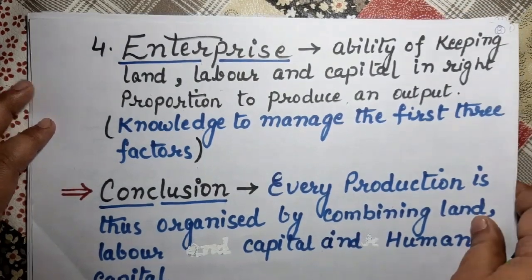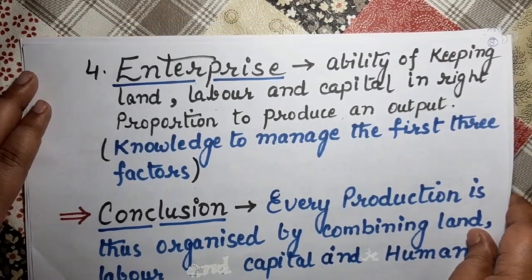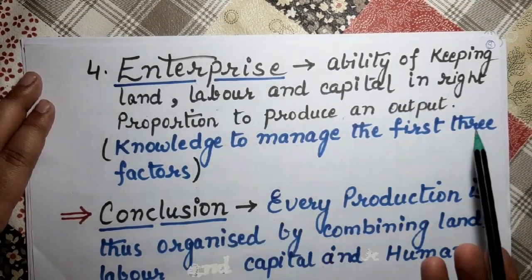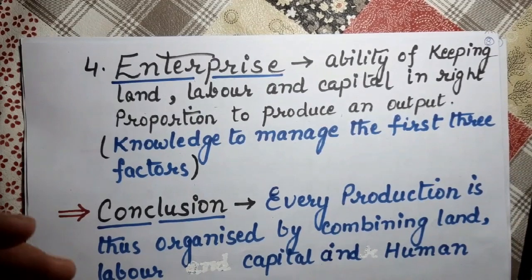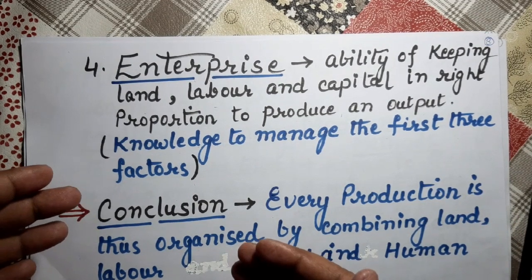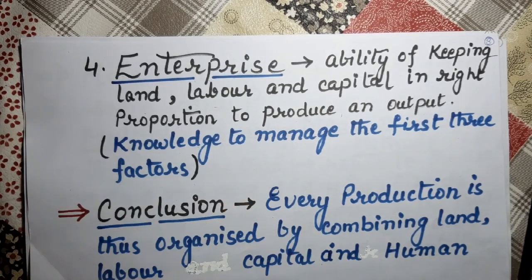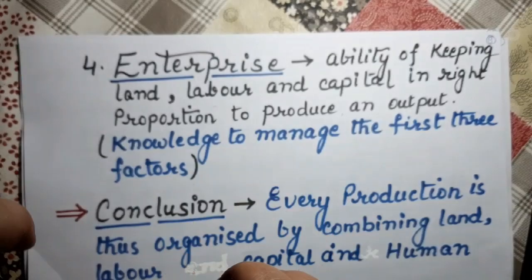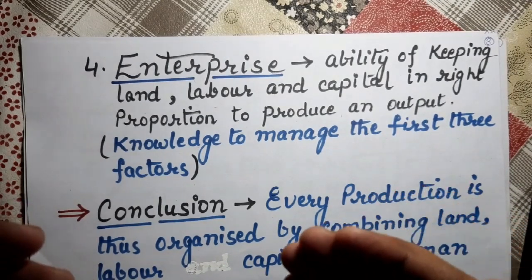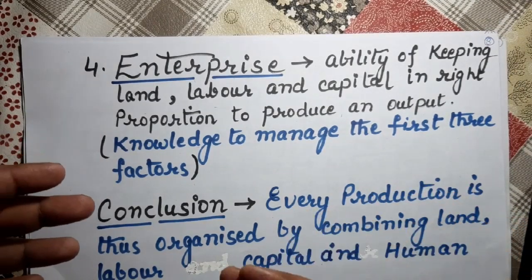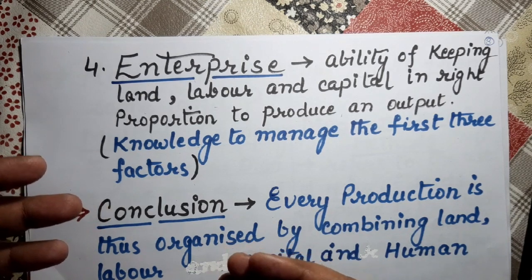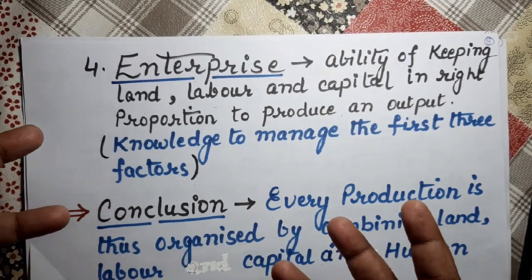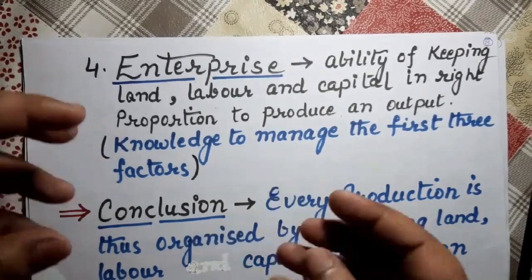Now the last one. Last is enterprise. You studied about the first three factors of production. Here, the fourth factor. The people who want to do some business have the land, labor and capital, but they don't have the knowledge to put them together or to manage them.